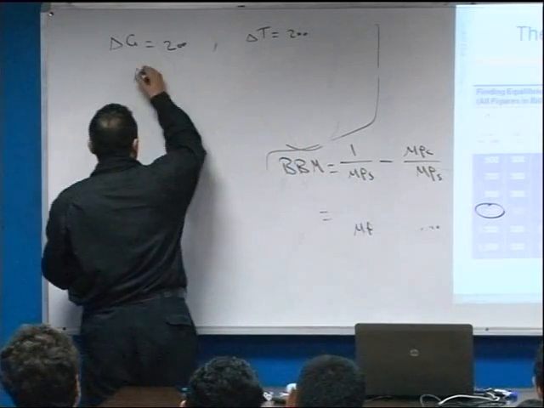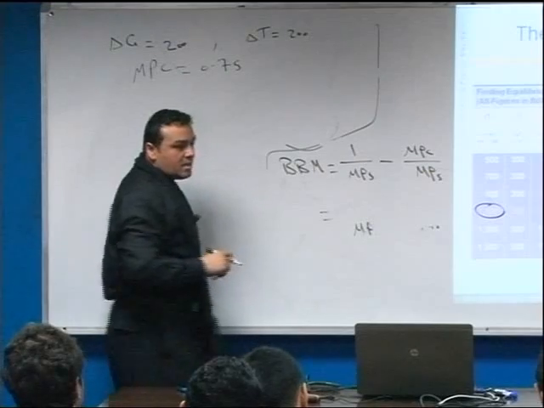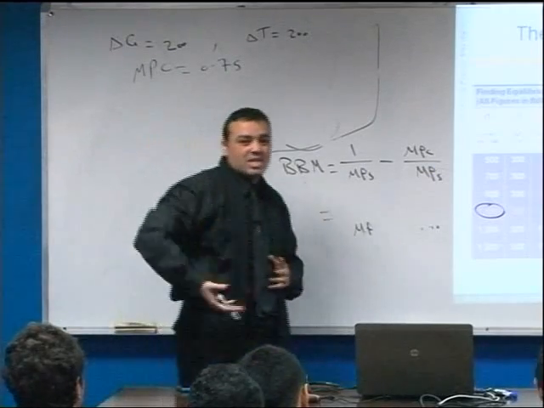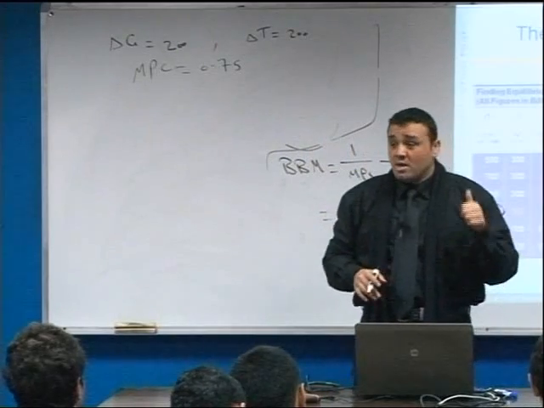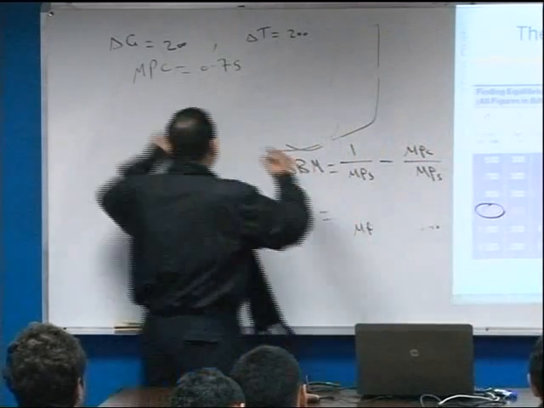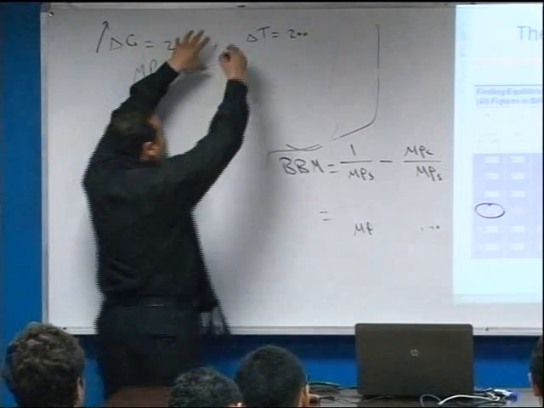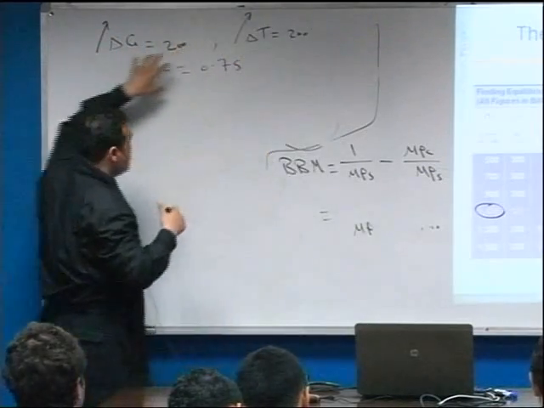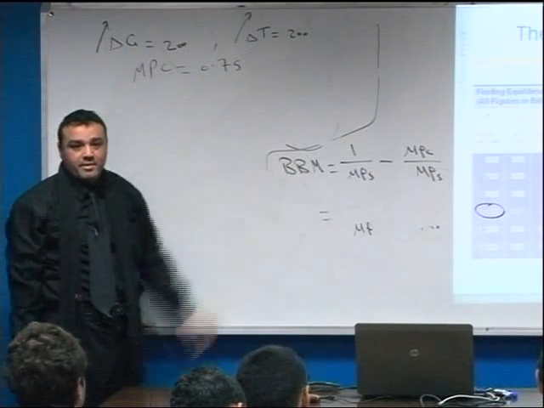So in this case, when MPC equals 0.75, calculate the change in the aggregate output. This is the question. We have an increase in government spending by 200 and an increase in taxes by 200. When MPC equals 0.75, how much is the change in Y?